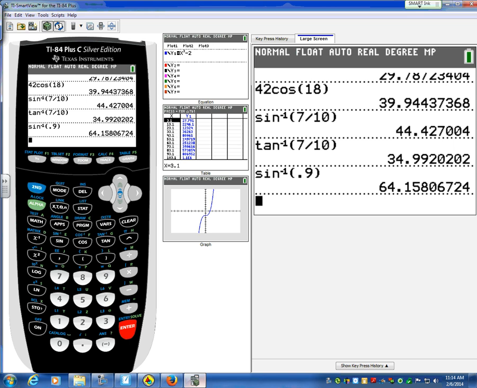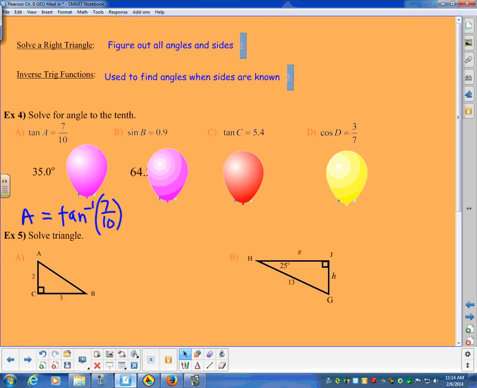Going back over here, get 64.2 degrees. Can you find angle C in the next one? What did you get for angle C? 79.5. Yeah, should have 79.5.